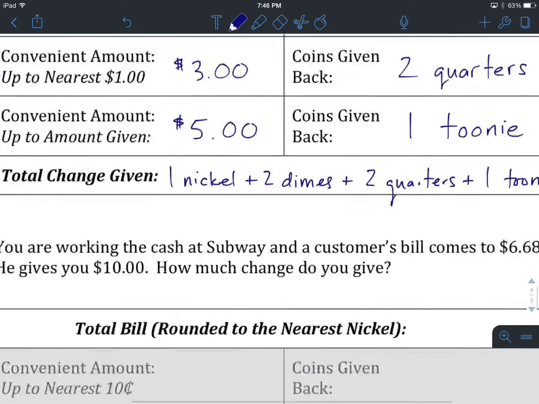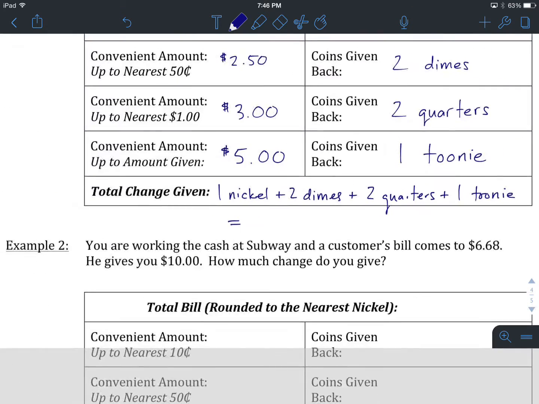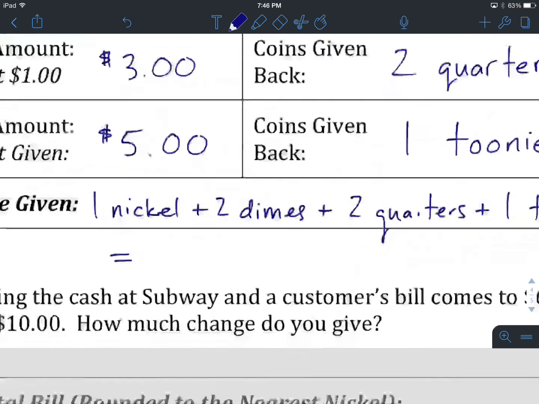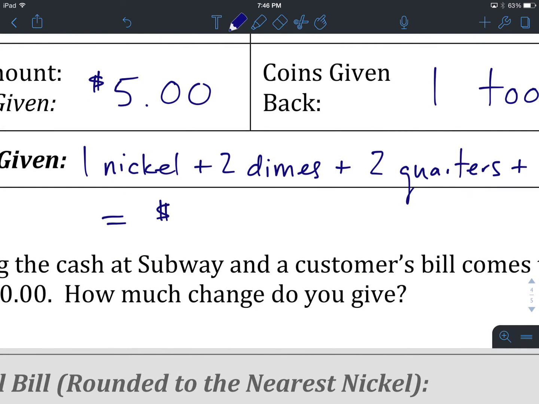And when we add all these together, let's start at the bottom and work our way back up to the top. 1 toonie is $2, 2 quarters is 50 cents, 2 more dimes is 70 cents, and 1 nickel, $2.75.